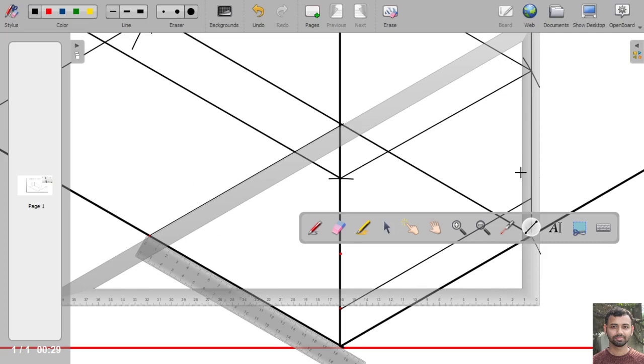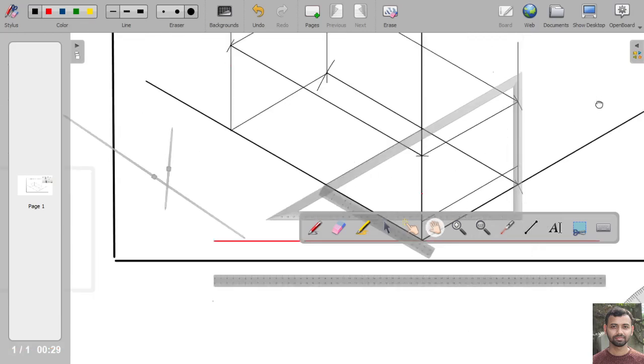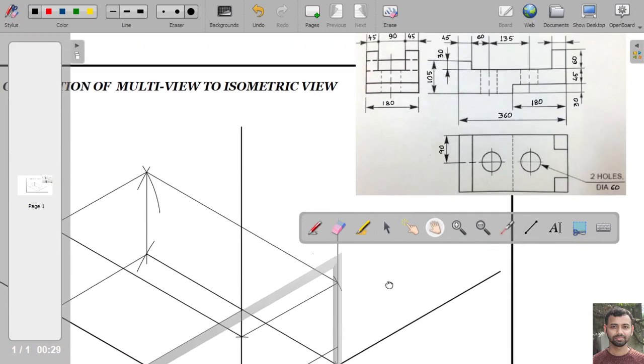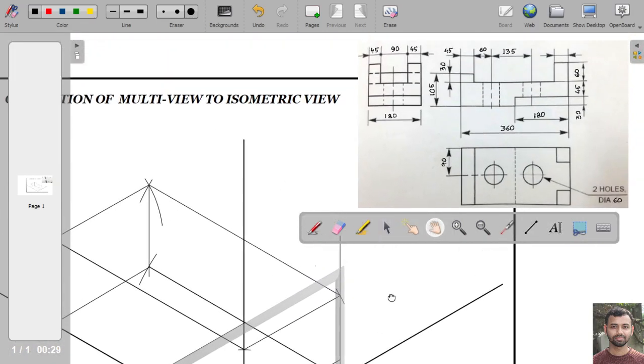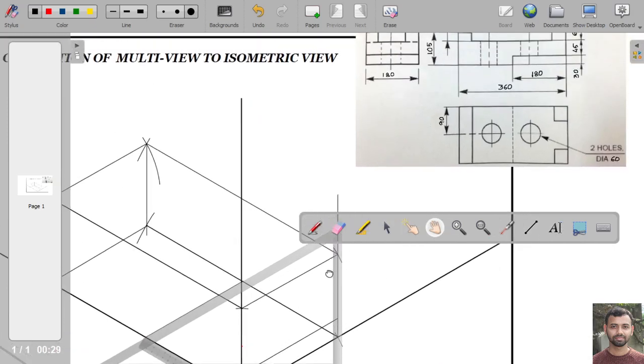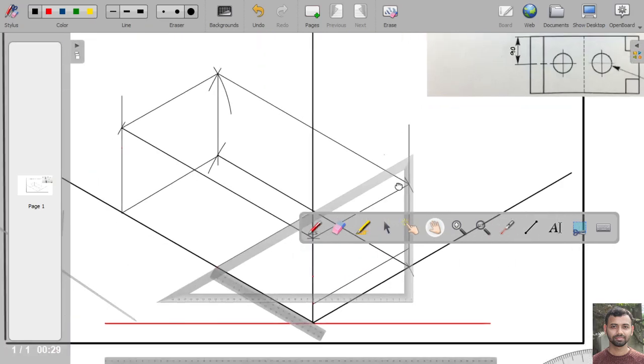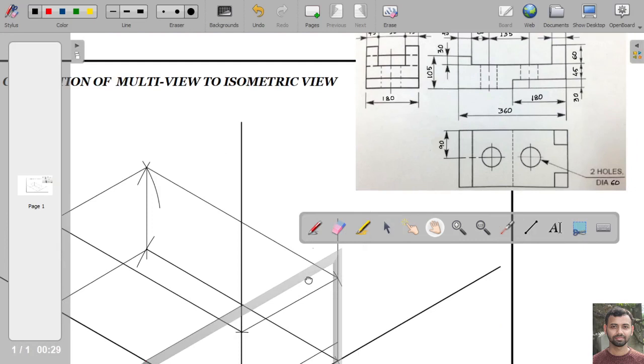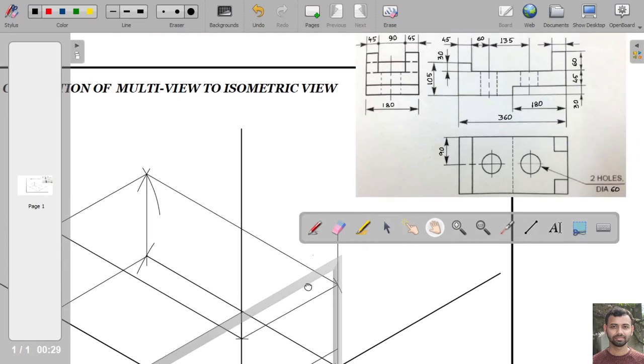Okay. Next portion is, okay, we can draw this upper portion.